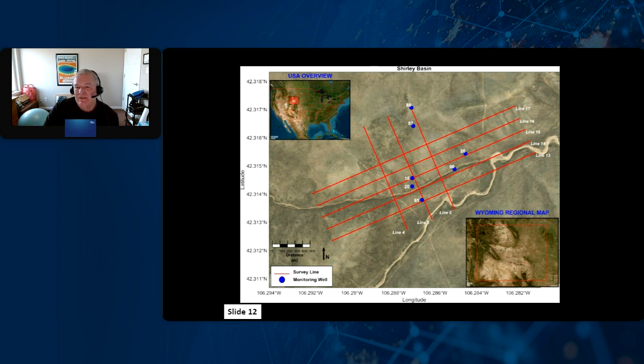There were 2 that we didn't get to before they backfilled them, but 5 of these wells were cased and kept open for a year and a half. And we took water samples out of there, and did more detailed logging with NMR and a lot of EM logging in these same monitoring wells.